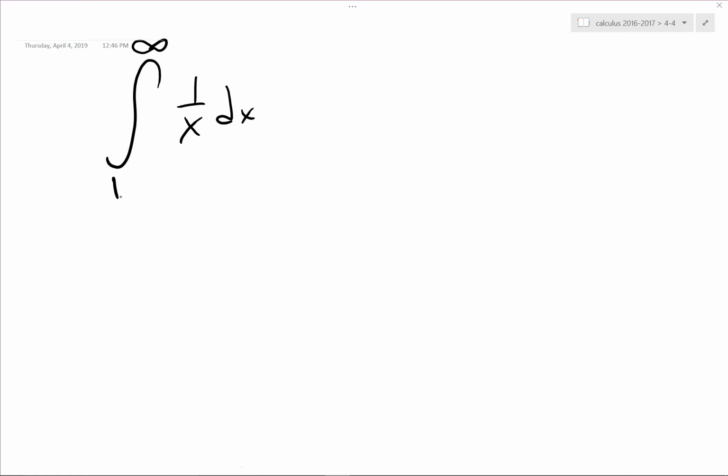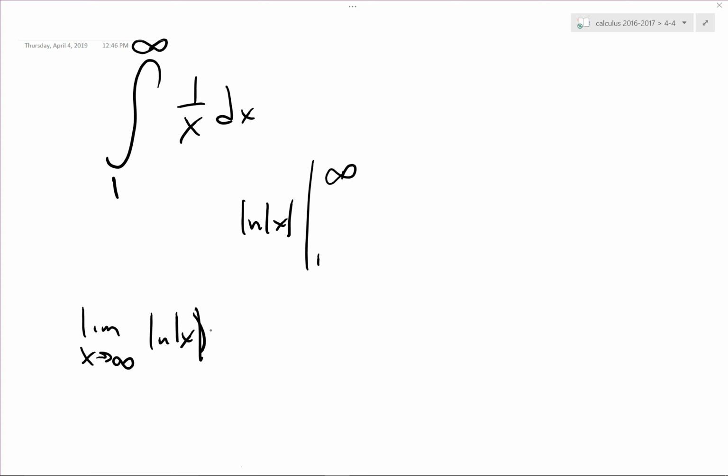Why? It's an asymptote. So what's the antiderivative? The ln of x, obviously. From 1 to infinity. So we take the limit as x approaches infinity of ln of x, minus 0, because the ln of 1 is 0.